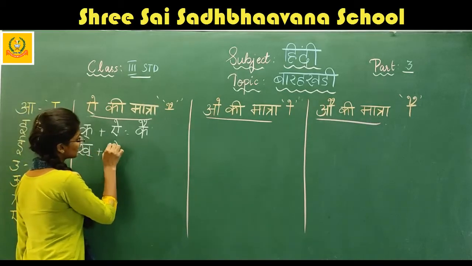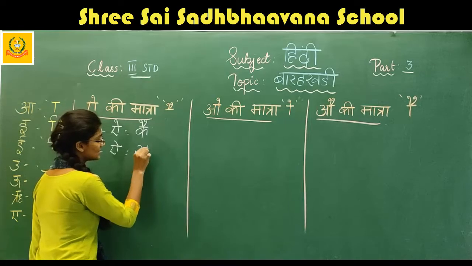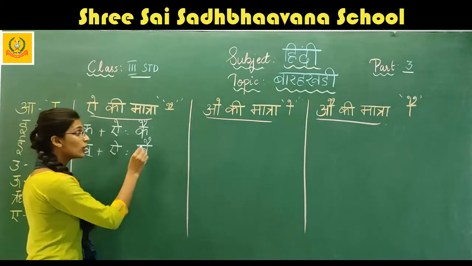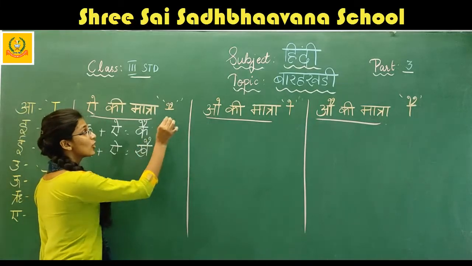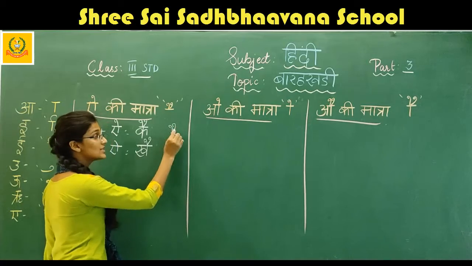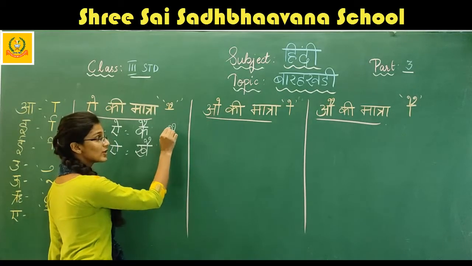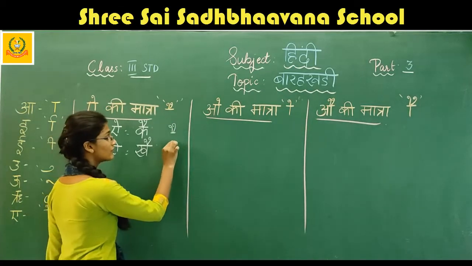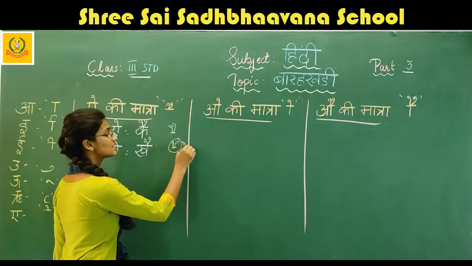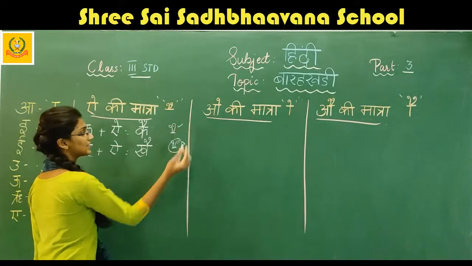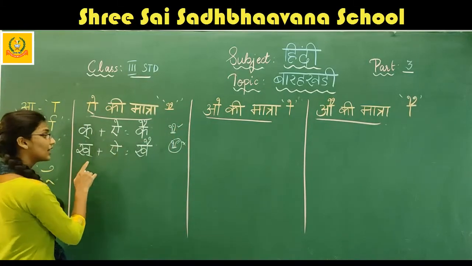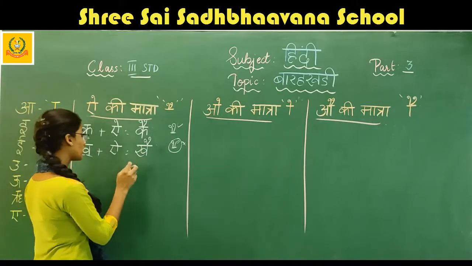See children, this symbol should always come in the same way. If it is following this letter, you have to write it in the same direction. Never write one like this and one like this. This is wrong. Always write like this. K plus I is equal to Kai.